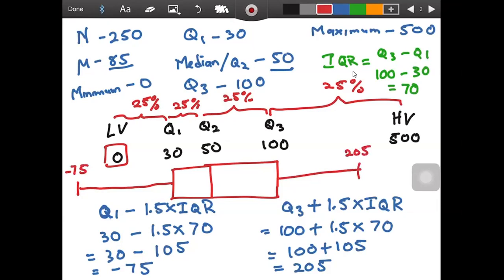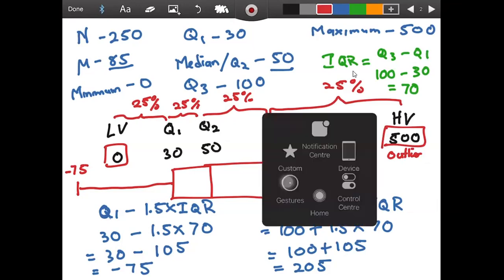So the upper whisker is 205. In this case, the highest value is an outlier. So this is how you identify outliers in a data set.